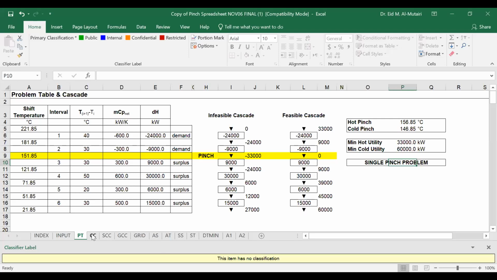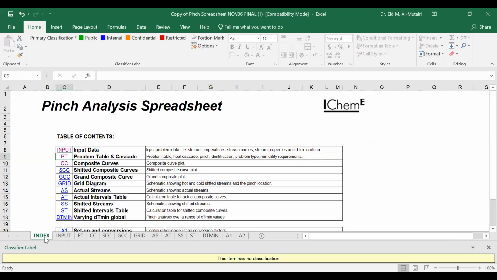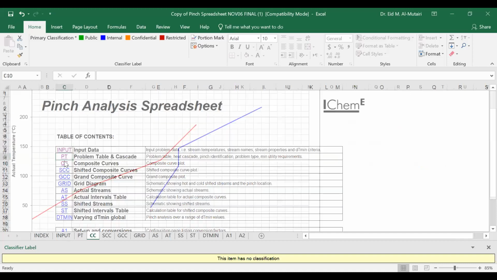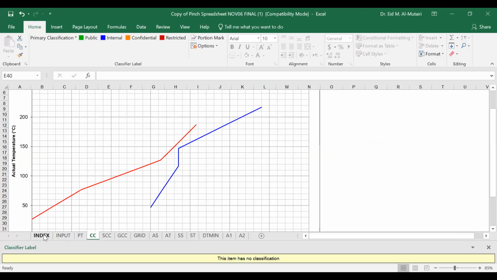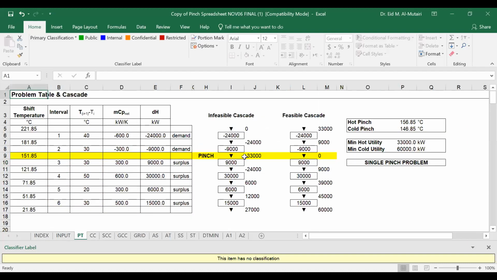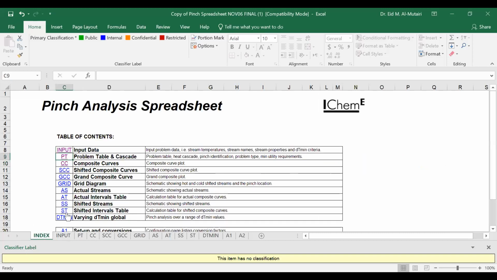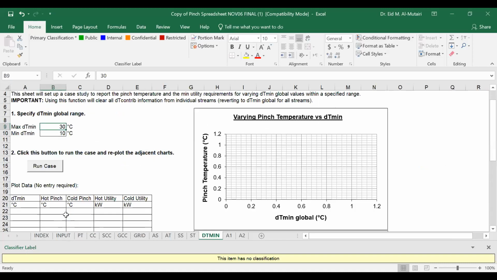Okay. So this separate sheet will show you the composite curve. It will show you also the target values for the minimum heating, minimum cooling, hot pinch, cold pinch. It will also show you delta T min, how it will change with the temperature.